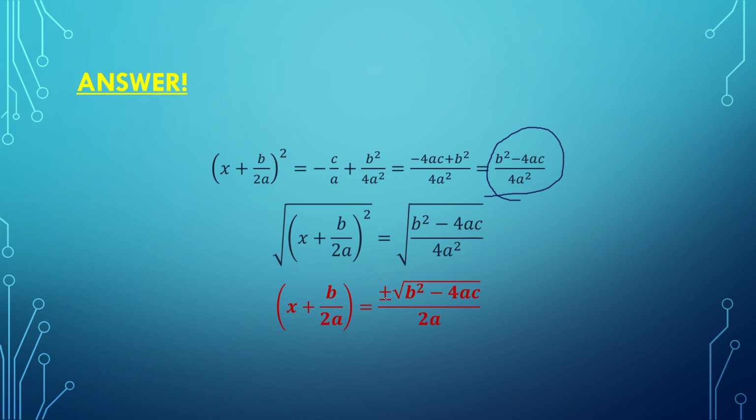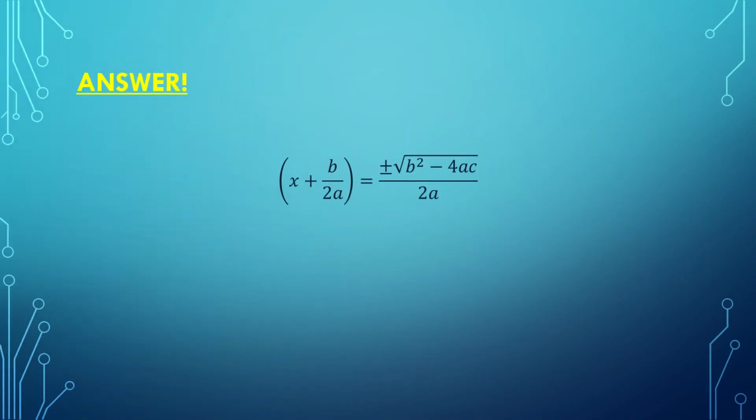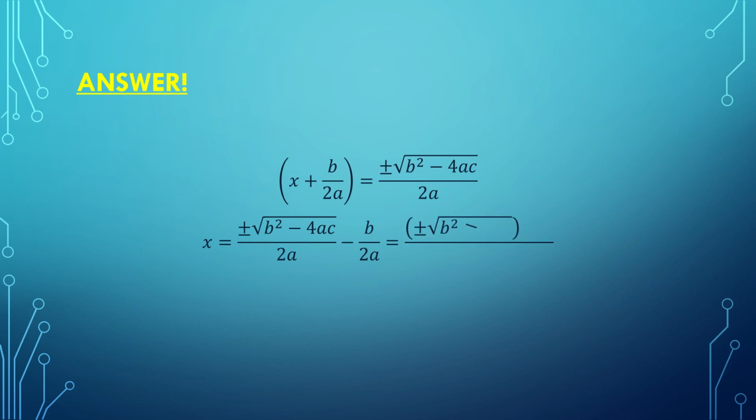So in this case, it shall either be positive or negative. Because we are looking for the value of x, we shall make x the subject. If you make x the subject, that's the next formula that you shall have. And if you simplify it further, you shall be able to get this.